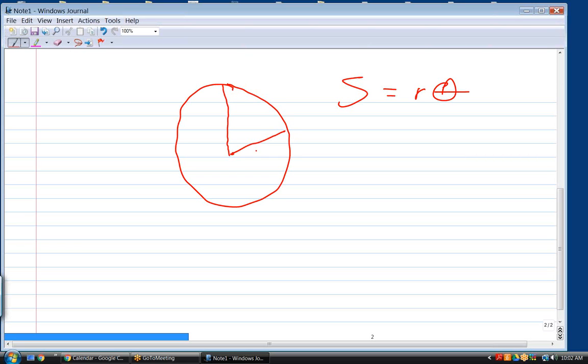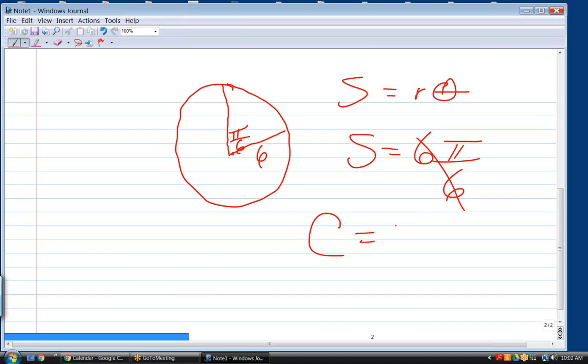So if you have, say, a radius of 6 and an angle of pi over 6, which would be 30 degrees, then the length of that arc is 6 times pi over 6. Now, notice that the arc length of the entire circle is the same as circumference. Circumference is 2 pi r.